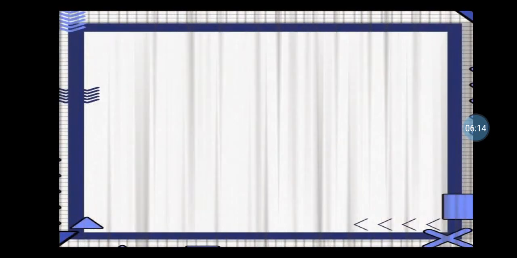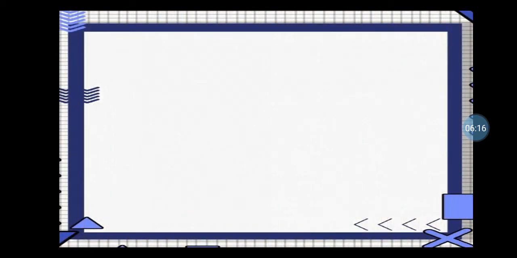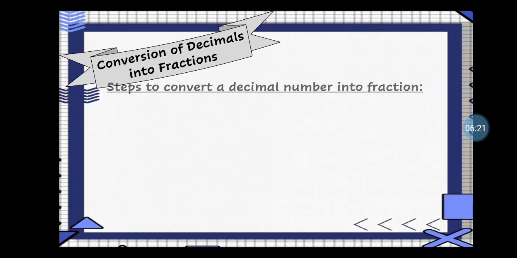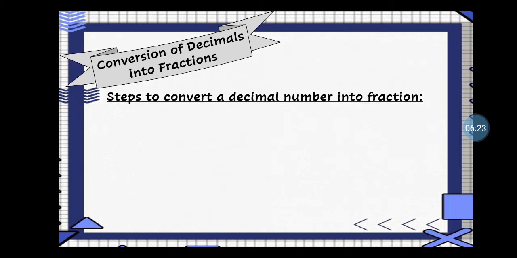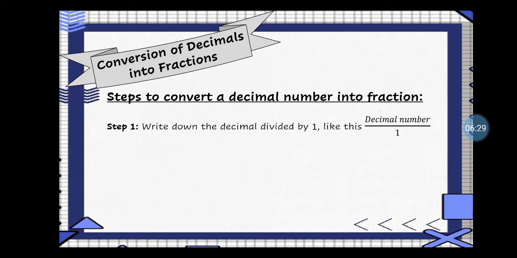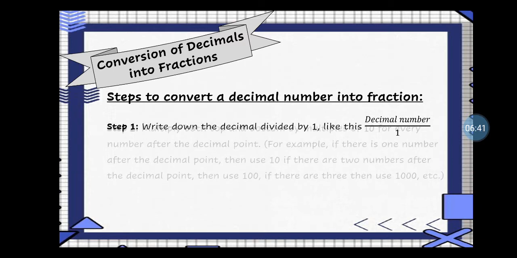Now, let us learn about the conversion of decimal into fractions. So, first of all, we should learn the steps that we use to convert a decimal number into fraction. The first step is to write down the decimal divided by 1 like this. Whatever the decimal number, we have to write 1 as the denominator.